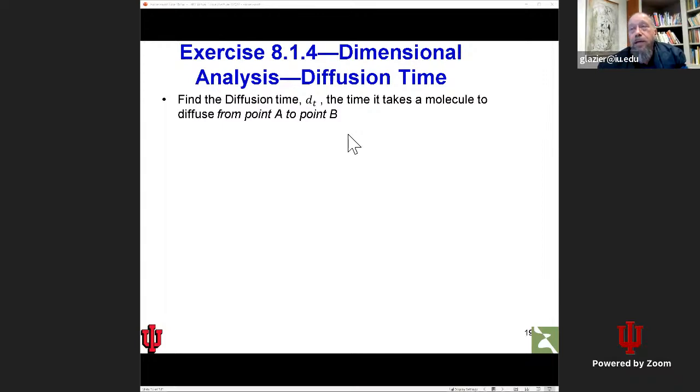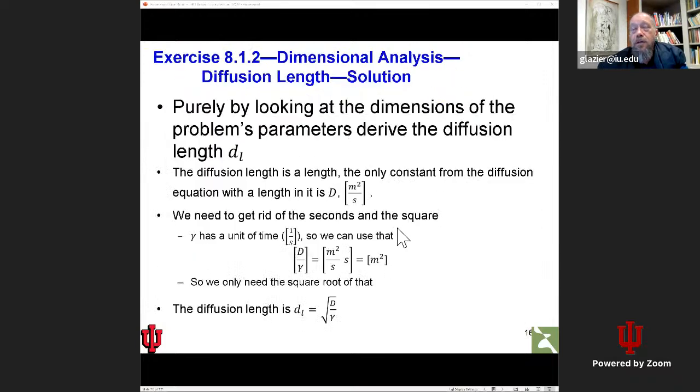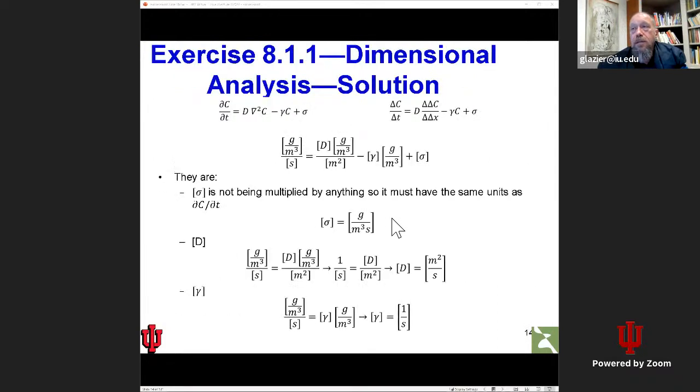And we can come back to our parameters, sigma, D, and gamma. And we want to know what that time is.